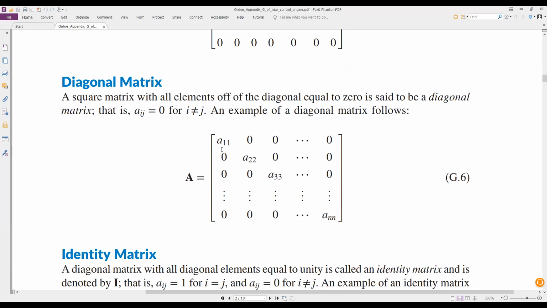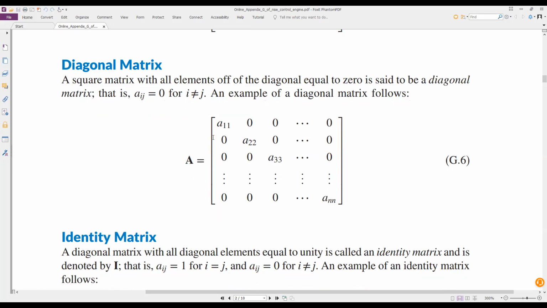The diagonal will have values, and outside the diagonal all elements will be 0. This kind of matrix is known as a diagonal matrix.